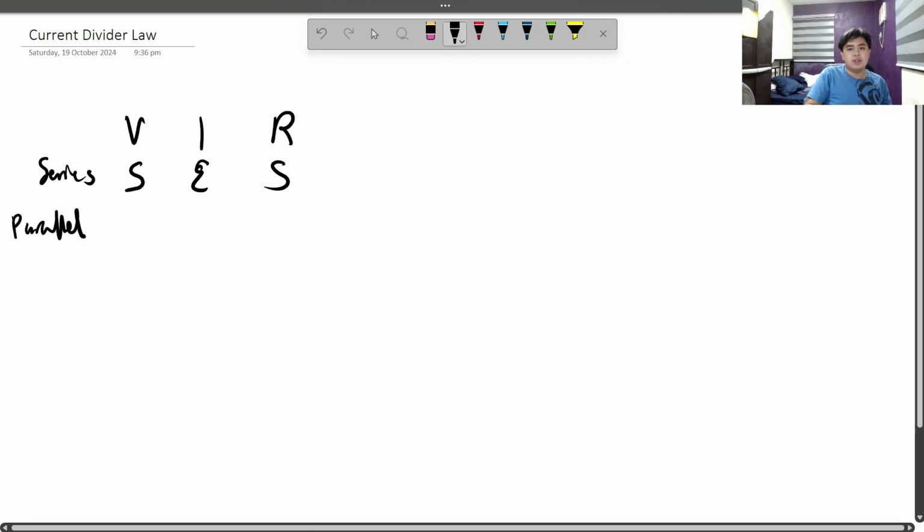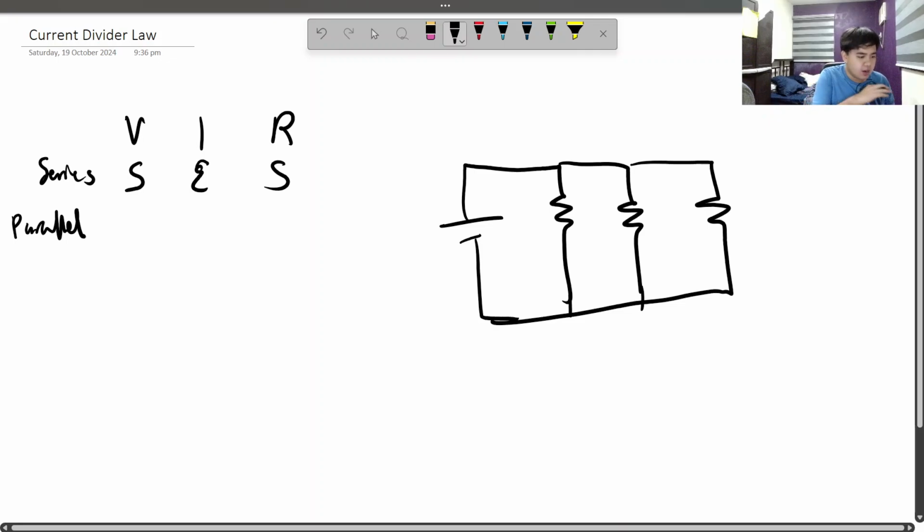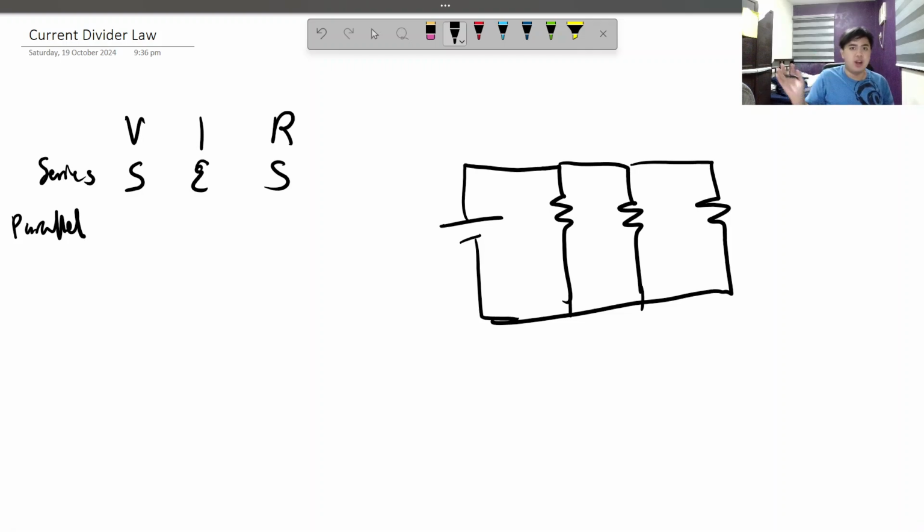Okay, so let's draw a parallel circuit right here. All right. This is a parallel circuit with a voltage source and three parallel resistors, but obviously there could be as many as 100 resistors. I don't care. In here, how do we find the voltage drops of each? Look here.